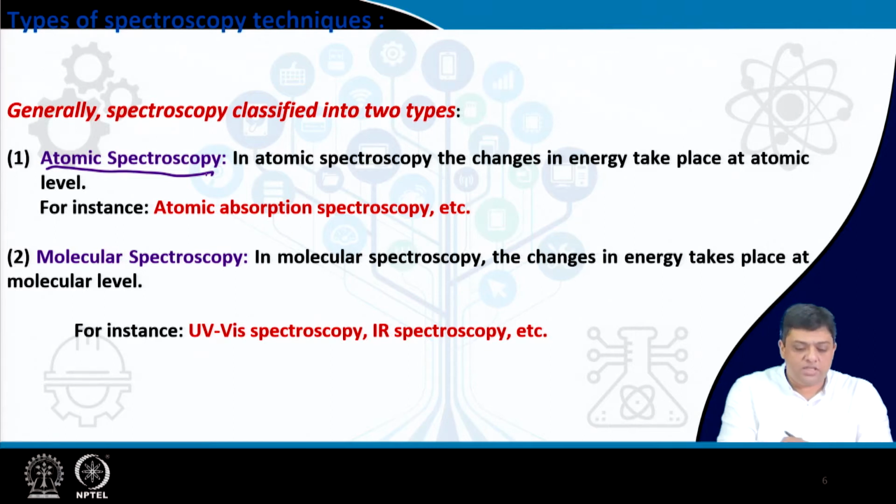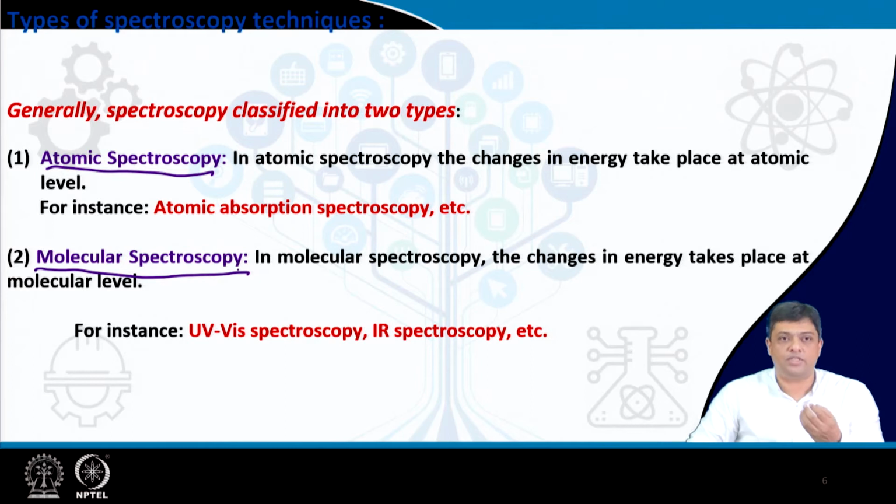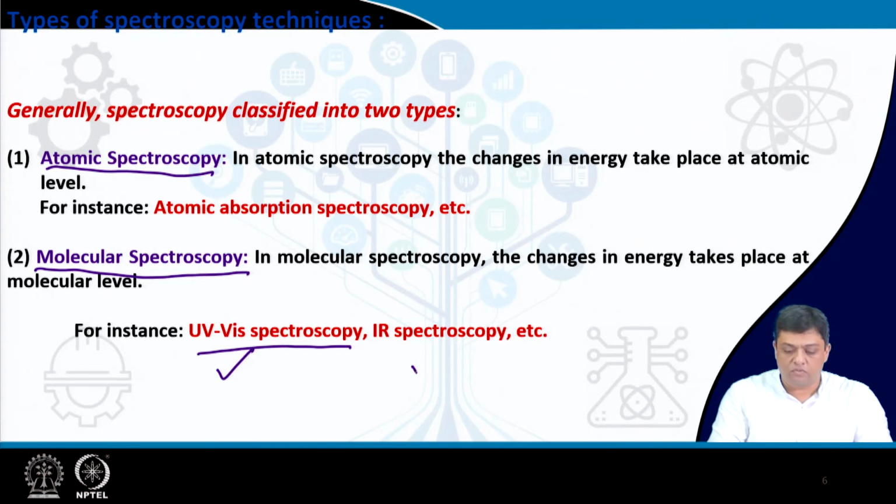As the name suggests, in molecular spectroscopy, the changes in the energy take place at the molecular level, and you have techniques like UV visible spectroscopy, IR spectroscopy, and a few others. We will start with this, and in the next lecture we will start with our discussion on IR spectroscopy.